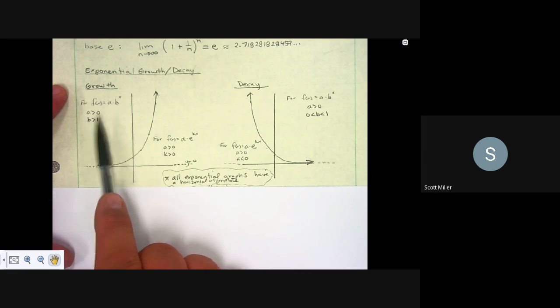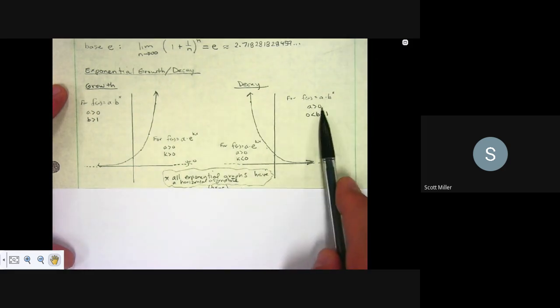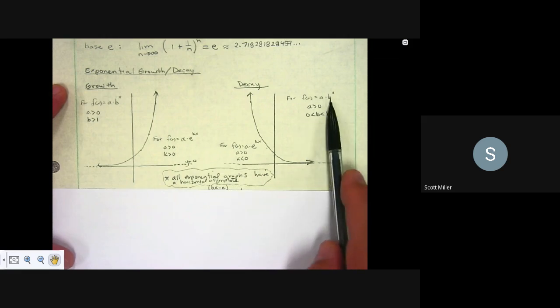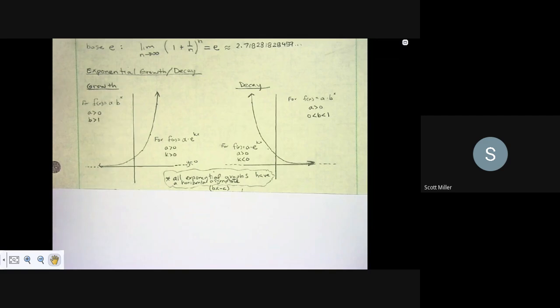If b is greater than 1, then we have a growth function. Here, a is greater than 0, and b is between 0 and 1. So when the base number is between 0 and 1, whether in fraction form or a decimal, it doesn't matter, then you're going to get this decay look, as long as these conditions are met.